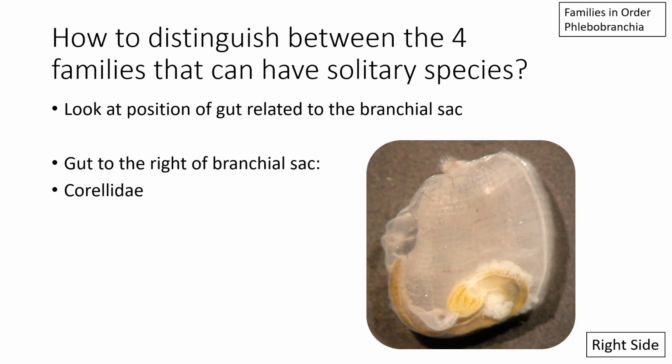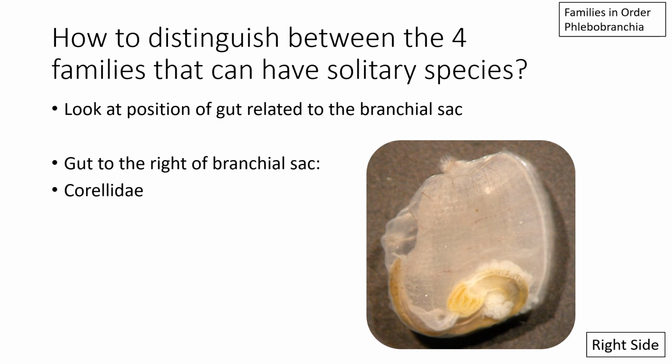The last of the families of the Phlebobranchia that can have solitary species is the Corellidae. And they are unique in that the gut is to the right of the branchial sac. So in this photograph here, we're looking at the right side of the animal, again, because you see the atrial siphon, that's the dorsal side of the animal.